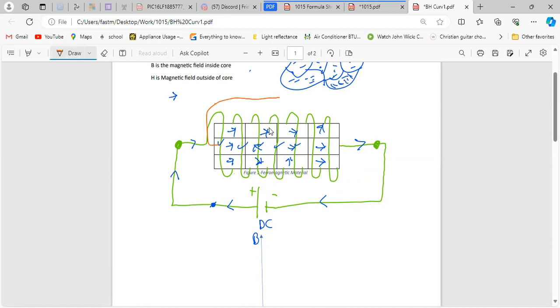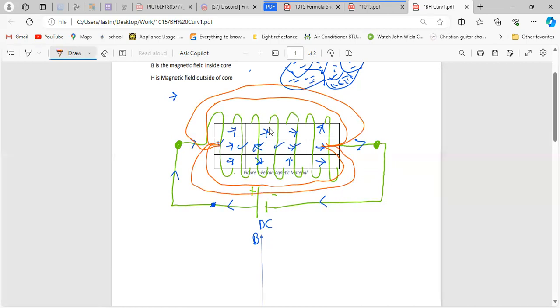Everybody knows how the magnetic field looks. It looks something like this. In reality, there are millions and millions of these. So when you have a current in a coil, you have a magnetic field.